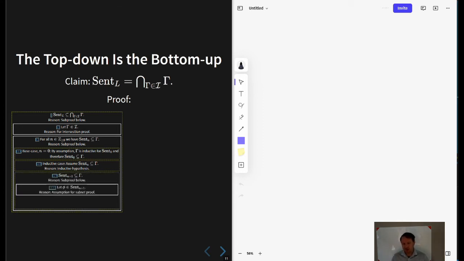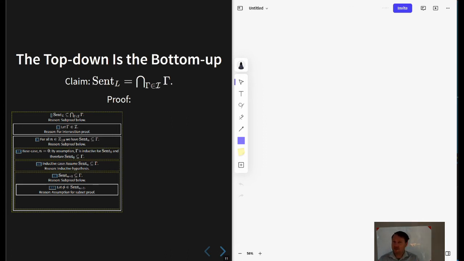cases in a minute. So to prove this subset, we're trying to prove, based on all these assumptions so far, that cent N plus 1 is a subset of gamma. So I'm going to do a regular element chasing subset proof where I take an element from the left, call it phi, and prove that it's in gamma. So I'm assuming that phi is in cent N plus 1.